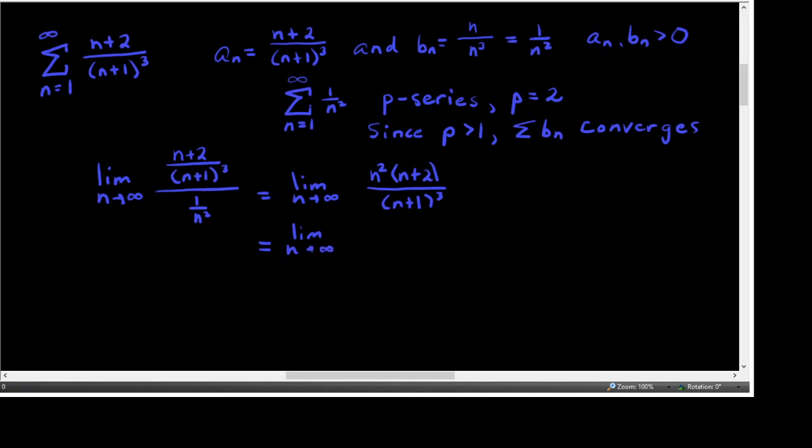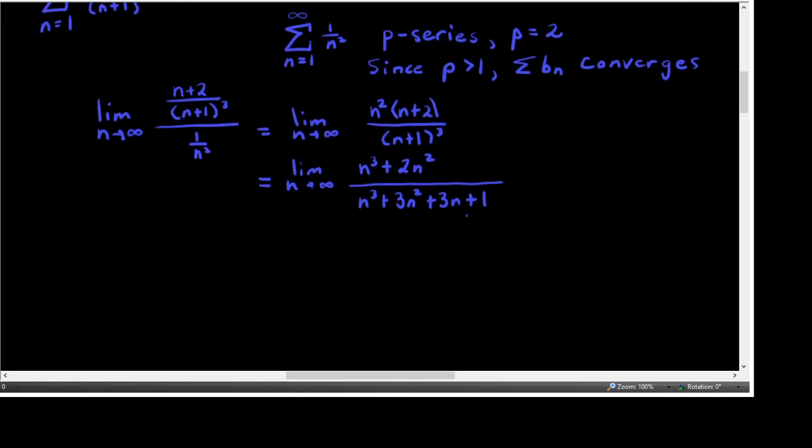Distribution of n squared makes it n cubed plus 2n squared. And then if I cube n plus 1, I get n cubed plus 3n squared plus 3n plus 1. You all should be able to cube binomials.